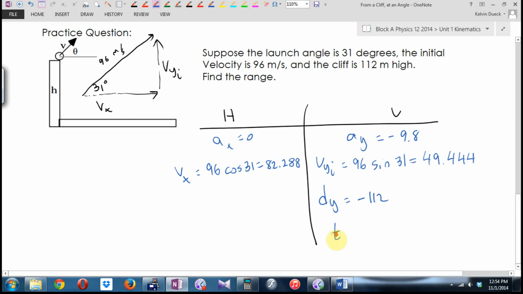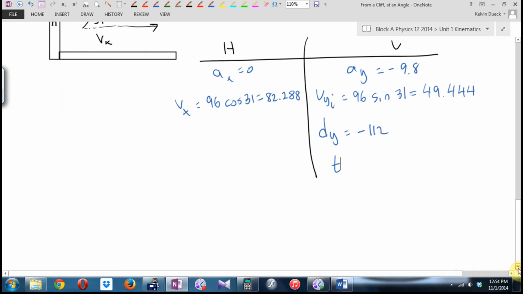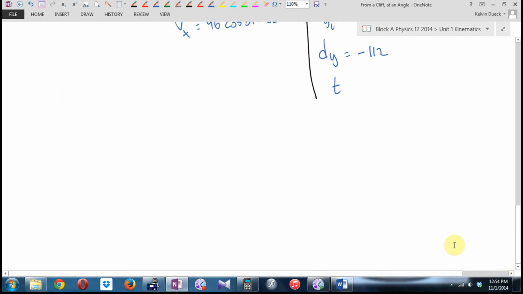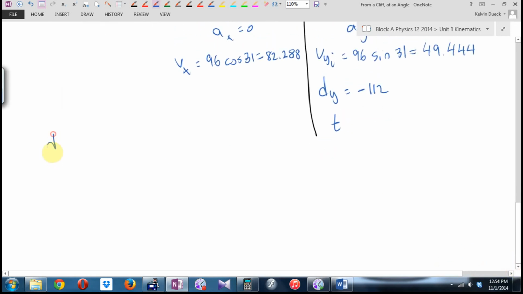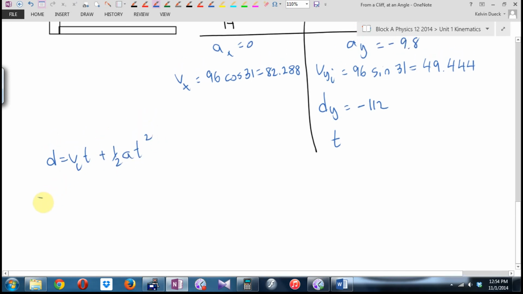I'm going to choose to use the quadratic formula method. If I use the quadratic formula, I'll get d equals ViT plus a half AT squared. I'll get negative 112 equals 49.444t minus 4.9t squared. I'll get 4.9t squared minus 49.444t plus 112 equals 0.